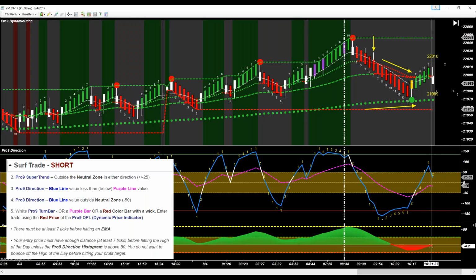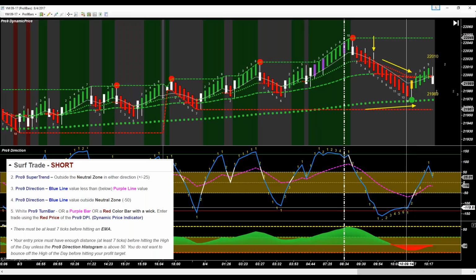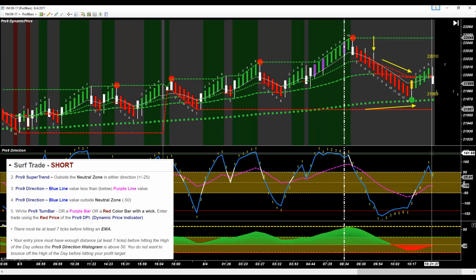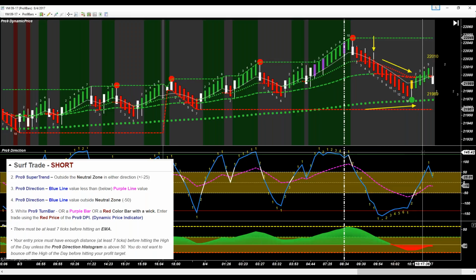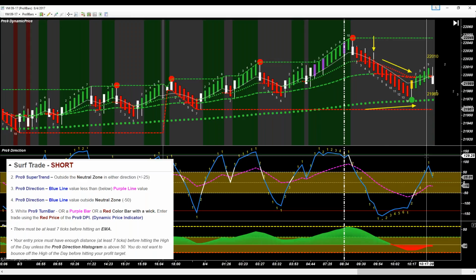And same with the super trend. And probably one of the strongest indications that we're heading into chop is our blue line here, bouncing around in the middle, not coming to its extremes. We really want to see the blue line traveling back and forth between its extremes pretty consistently throughout the day.